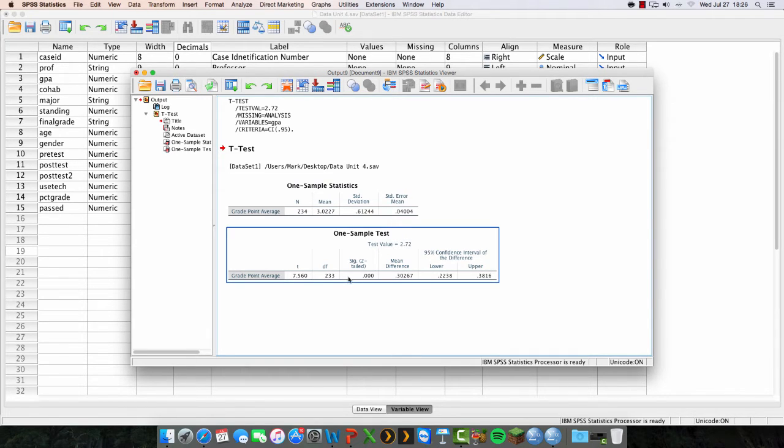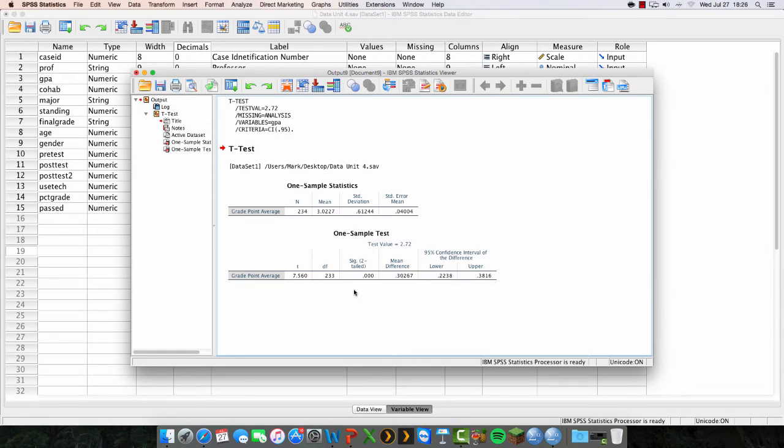And this is the important information about the t-test, right? The value of the t-statistic, right here, 7.560. The degrees of freedom, 233. And the two-tailed significance.